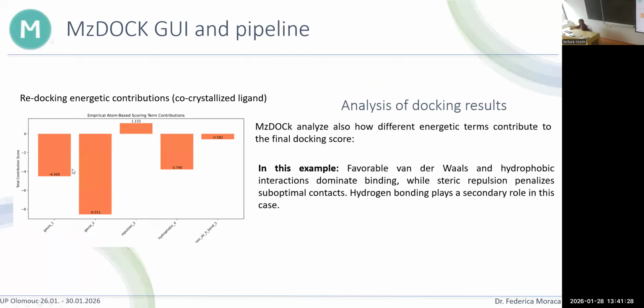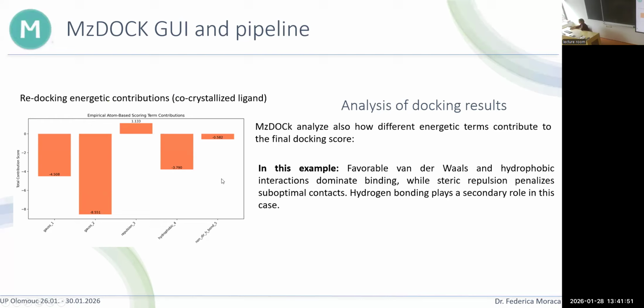And then there is also the possibility to see the numerical contribution of each term. So the short, the medium, repulsion, which is of course positive, hydrophobic, and hydrogen bond.